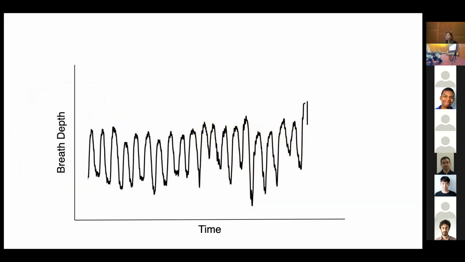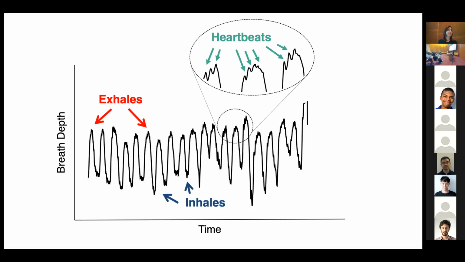Now, if you zoom in on this breathing signal, what do you see here? You see the inhales, you see the exhales, but you see these small blips on the signal. So these are actually not noise. This is his heartbeat. So imagine these electromagnetic waves, you guys are sitting here, you are surrounded with humongous number of different wireless signals.